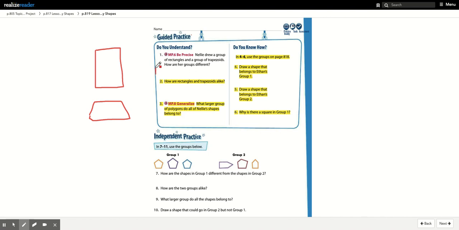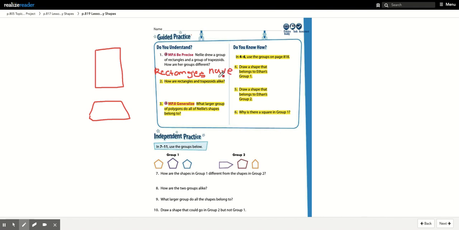If you're saying that rectangles have four right angles, you are right. One more time.